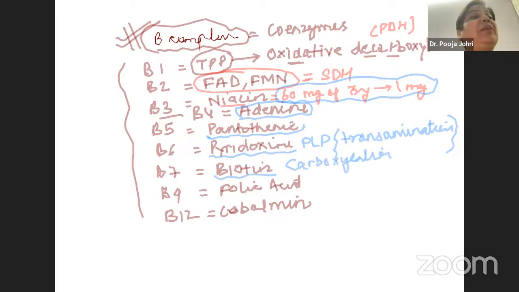Again, very important, right? Then folic acid, we know it gives rise to 1-carbon metabolism. And cobalamin plays a very important role in 3 very important reactions, right? So this is the B complex, and these are the functions as coenzymes.